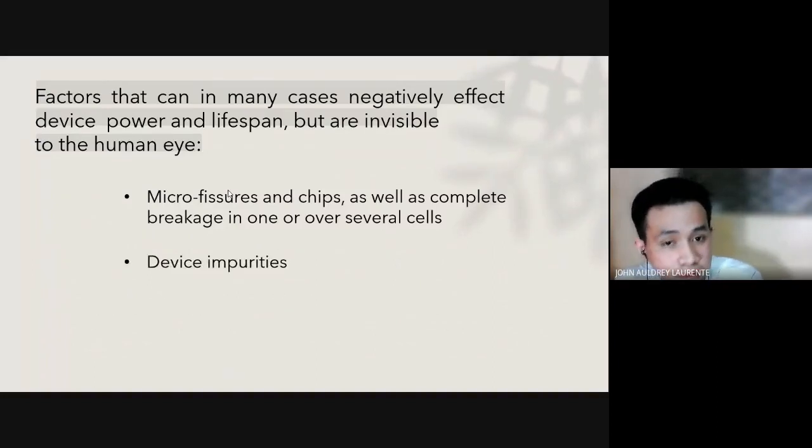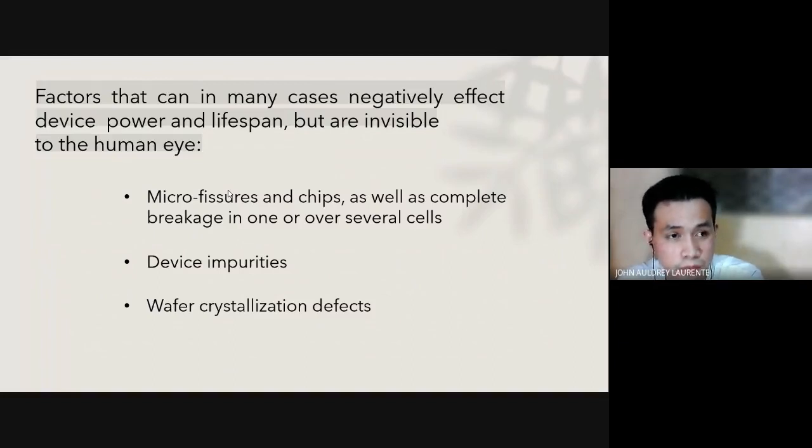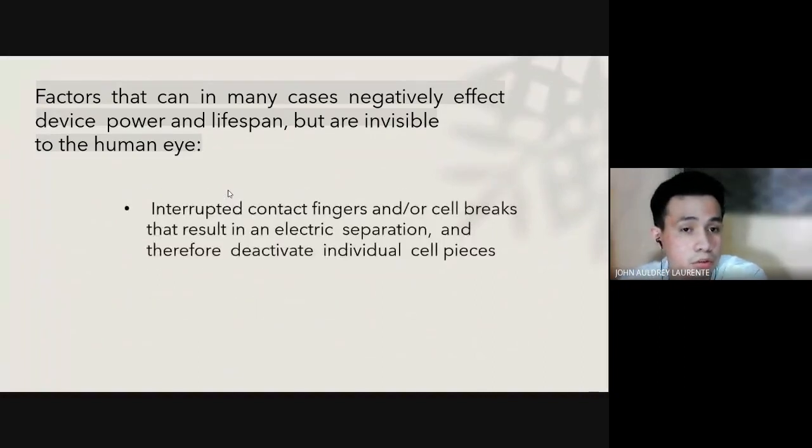Device impurities, wafer crystallization defects, or defects among fabrication of ICs on a substrate. It also includes interrupted contact fingers and cell breaks that result in electric separation and therefore deactivate individual cell pieces. So these are, let's say, cut connections due to contact.